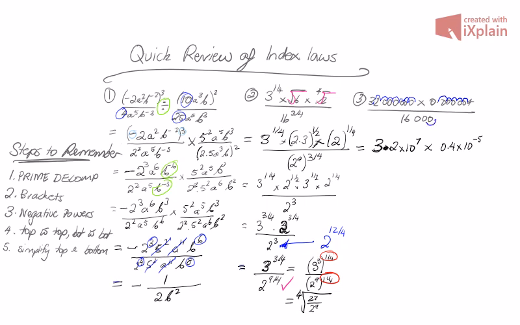And then we have 1, 2, 3, 4 over 1.6 times by 10 to the 4. Now, all we have to do here is to start working on our powers.